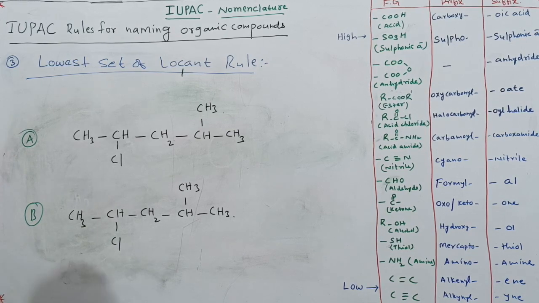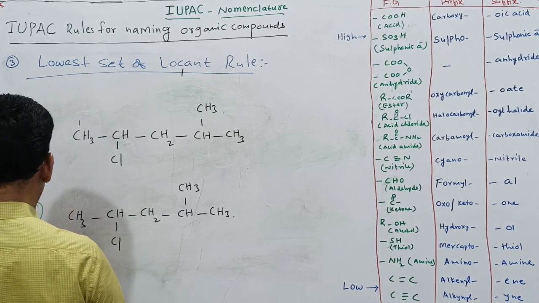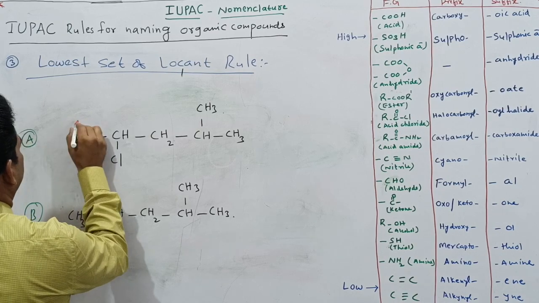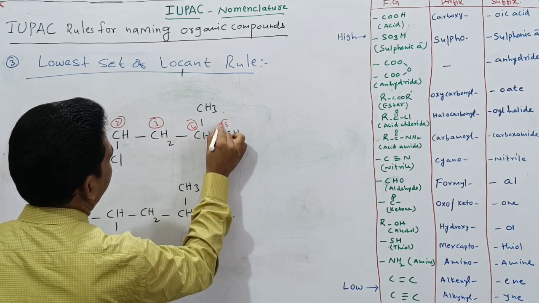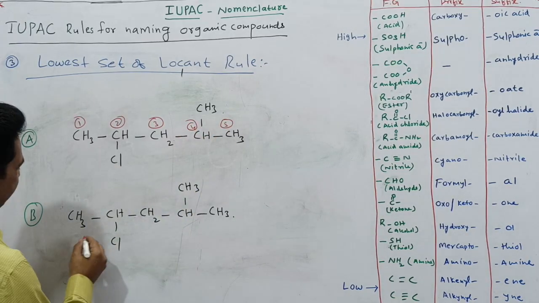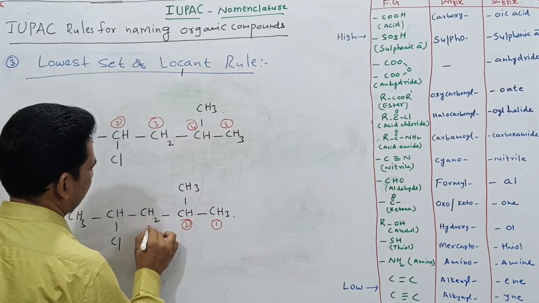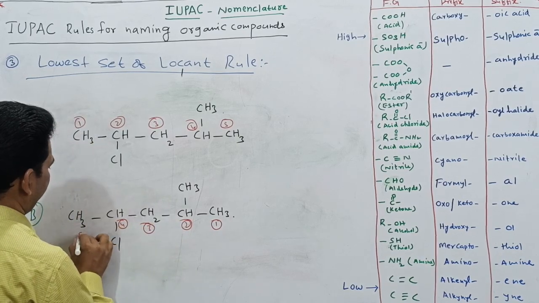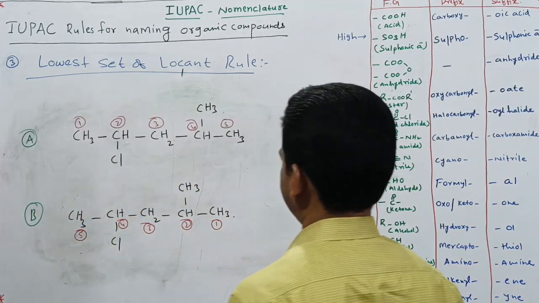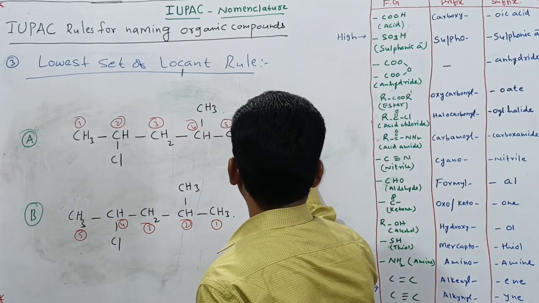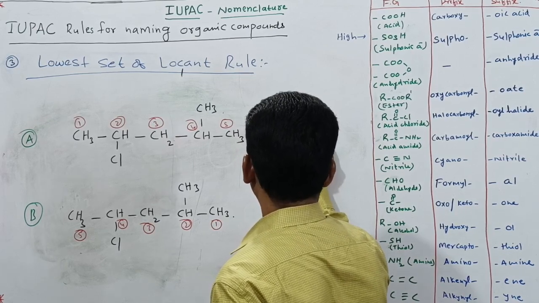In this case I will give the numbering. First I will start from the left: 1, 2, 3, 4, 5. Then here also: 1, 2, 3, 4, 5. Just mention where the substituents are present. Second position, one substituent, that is chloro.